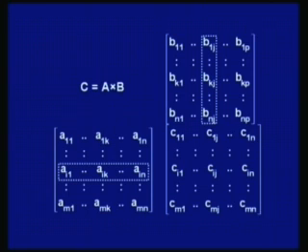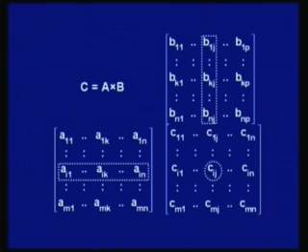So, we form this sum. This is the ijth element of the matrix C, and this way we say that matrix multiplication is row into column. So, I have organized the calculation in this manner.